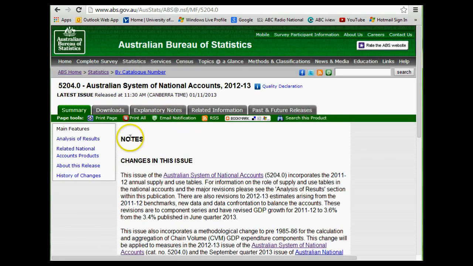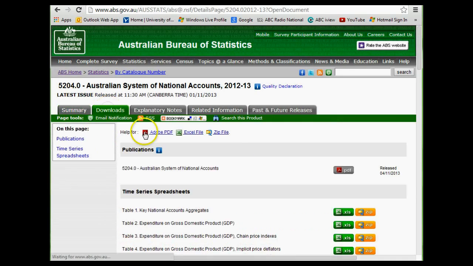We want that one. It's got information about that. We want to go to the downloads, and we'll download this one here, Australian System of National Accounts. And then we'll see if we can find the information about the measurement of GDP.